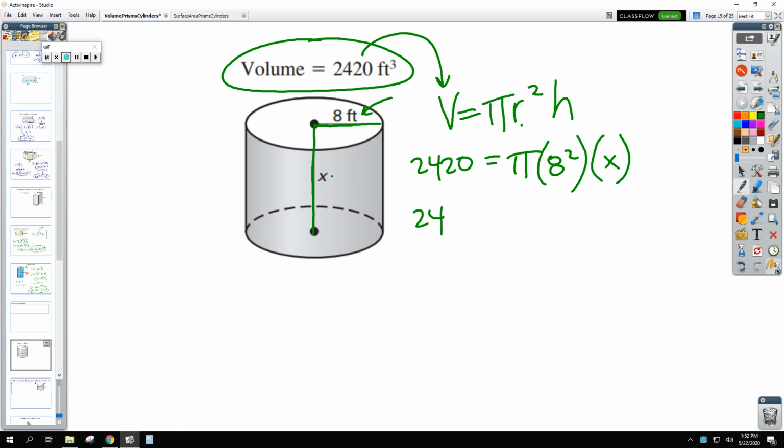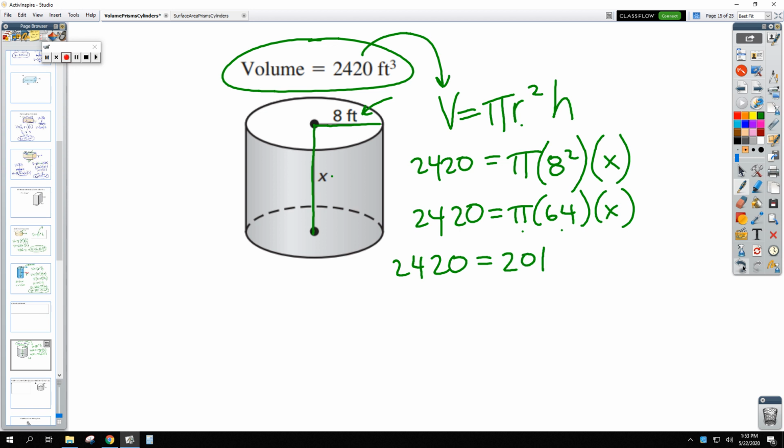So let's go through and square 8, and let's multiply 64 times pi. 64 times the symbol pi, again, to get the most accurate answer, I'm getting 201.06, so I'm going to round it to 201.1. And we're, again, trying to find x here.